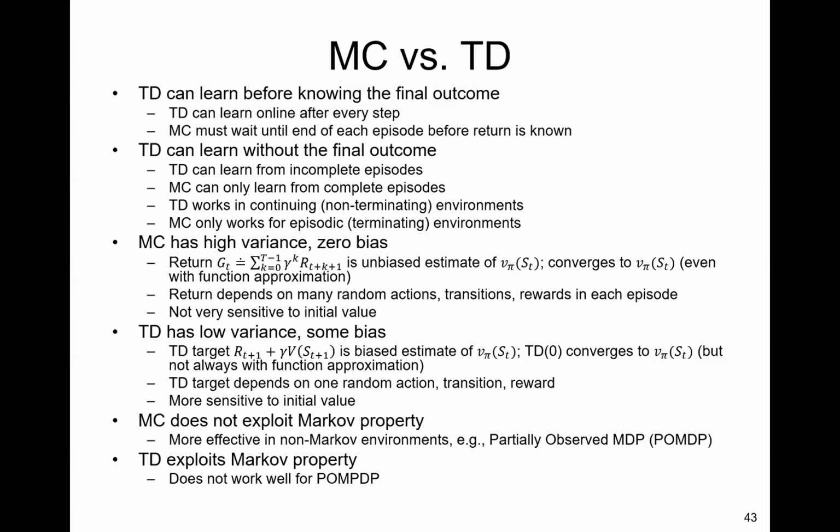It's a biased estimate of V pi, a bootstrapping estimate, so it's not the ground truth. Therefore, TD converges to V pi of S_t for the tabular setting, but not always with function approximation.